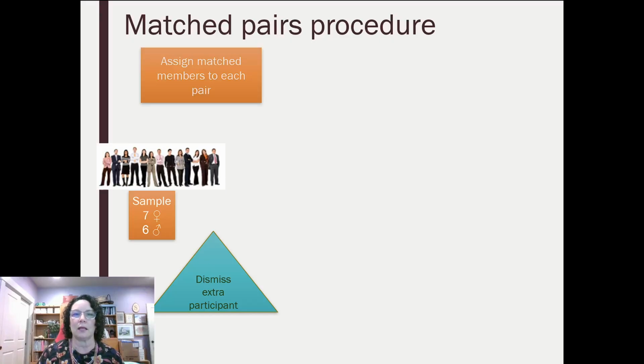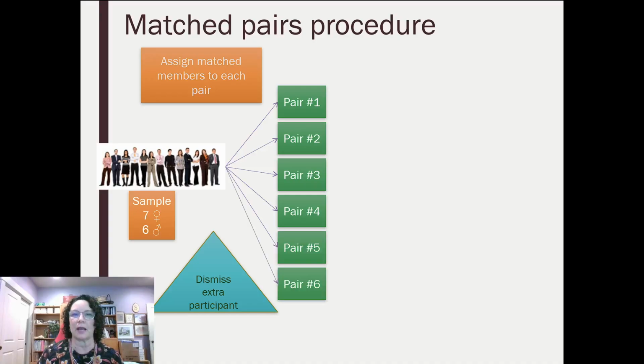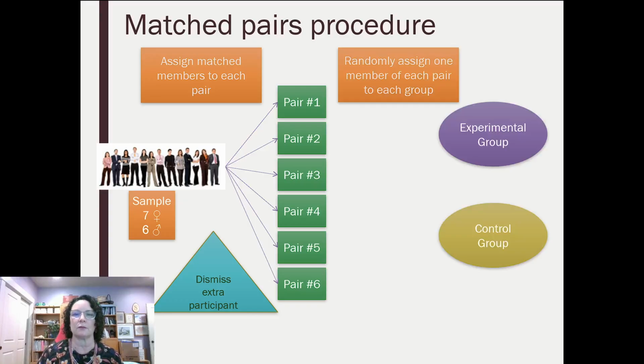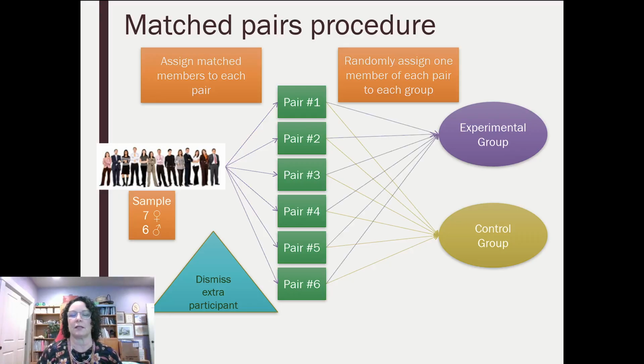And then of the remaining 12 participants, we're going to match them into 6 pairs: female-female, female-female, female-female, male-male, male-male, male-male, right? And then we're going to randomly assign one member of each pair to the control condition and one member of each pair to the experimental condition, so that we have now distributed that characteristic of sex so that half of the males are in the experimental group, half the males are in the control, half the females are in the experimental group, half are in the control.